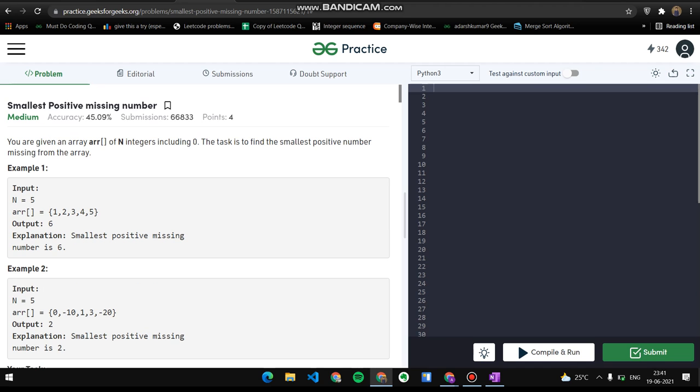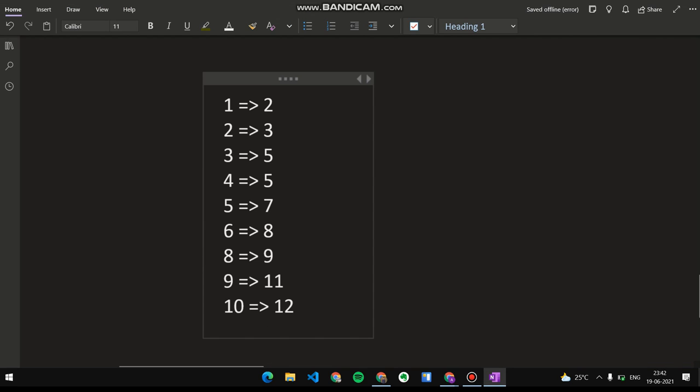So basically the approach will be as follows. Suppose we are given this array: -1, -2, 3, 4, 5, -6. We can see that the size of the array is n, that is fixed.